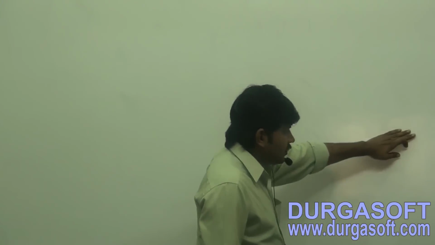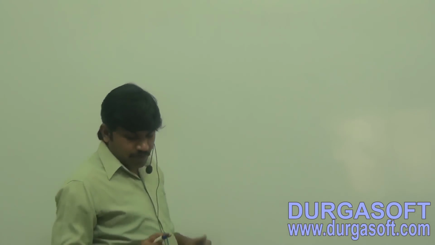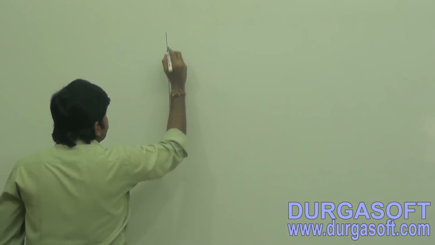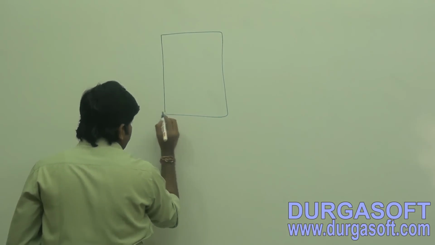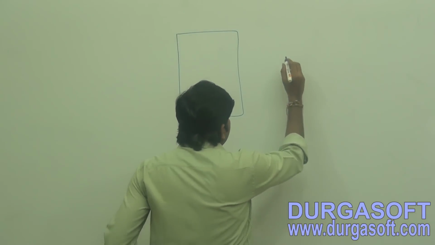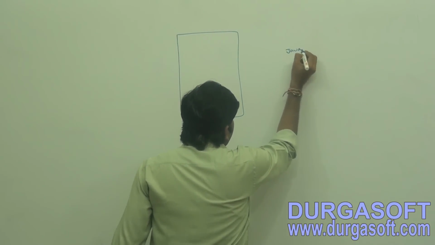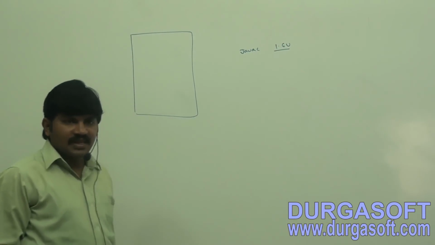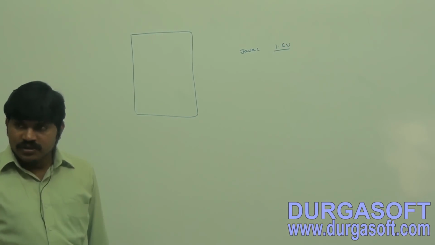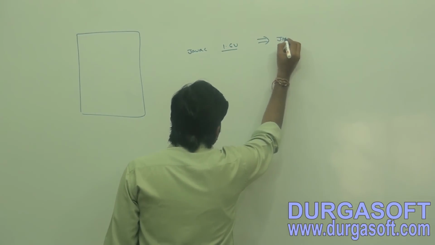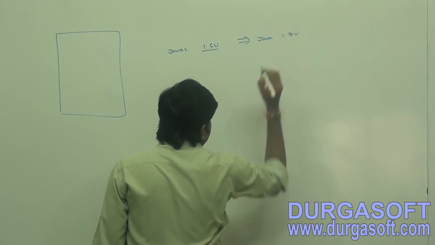Now observe this. This point is also a bit important for you people. Suppose I have one Java program. Here my compiler is the 1.6 version, but my JVM is the 1.7 version.